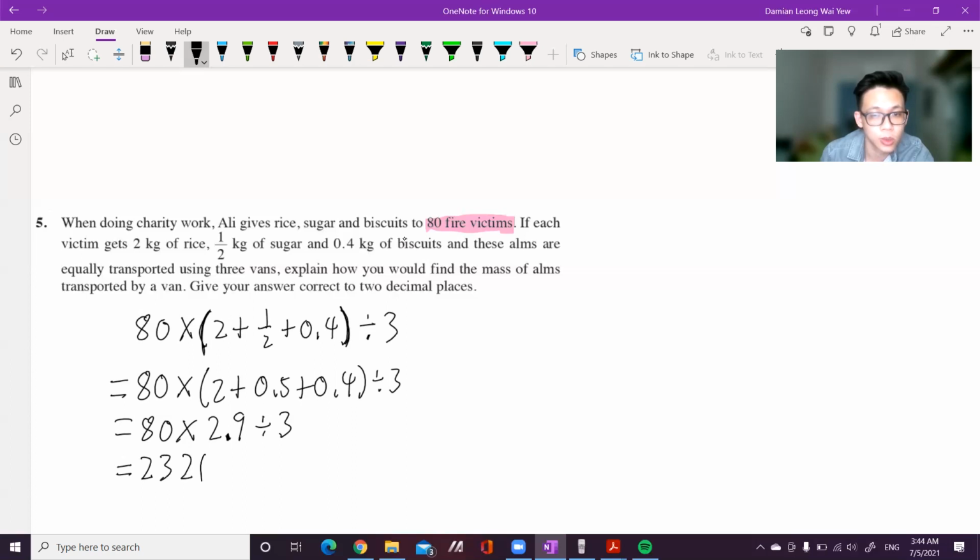So 2320. But one decimal, put back one decimal. This is 232. Then divide by 3. So divide by 3 and use long division. They say correct to 2 decimal places.